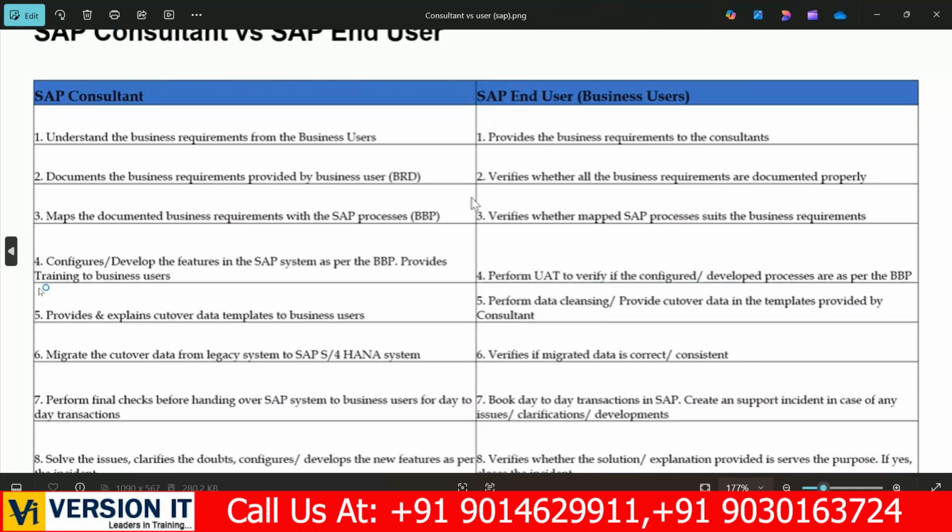Step 7. Configure features in the SAP system as per business blueprint.